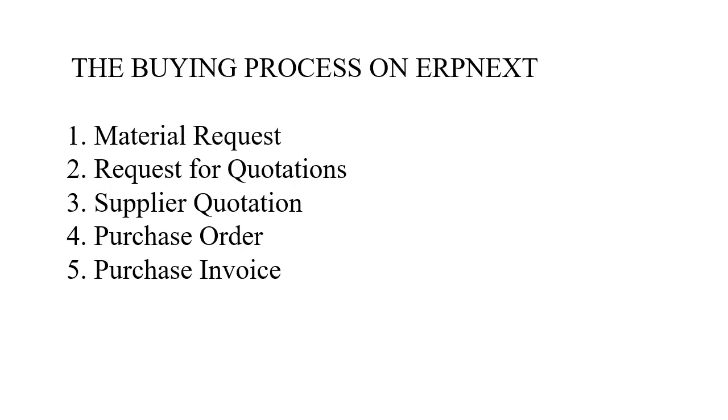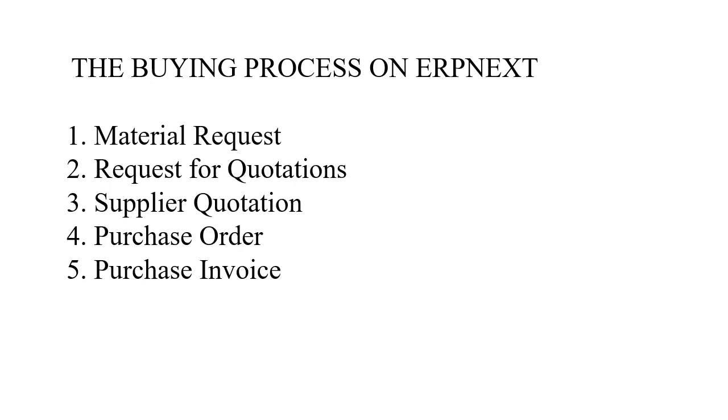So to get a grasp on how this works, we will first need to refer to the buying process, which is what you're seeing on your screen right now. This process was also referred to in the very first video in this series, which was the material request video. As you can see, the first thing is a material request. Number 2 is a request for quotations.